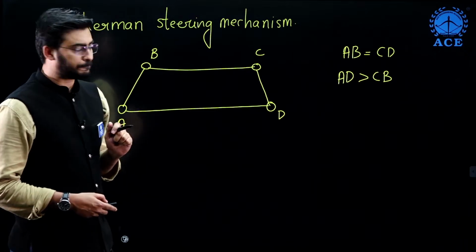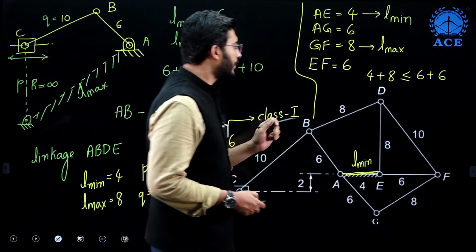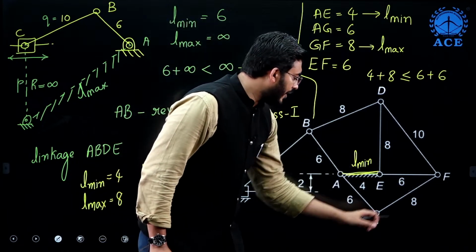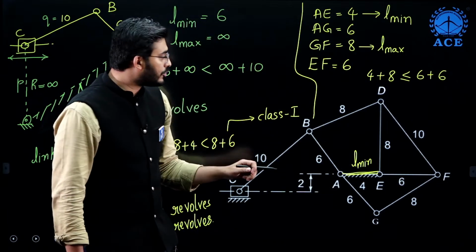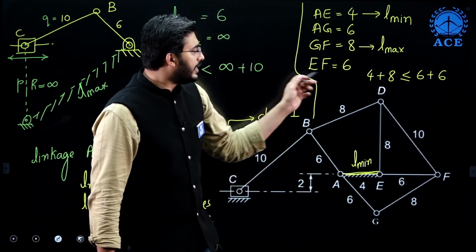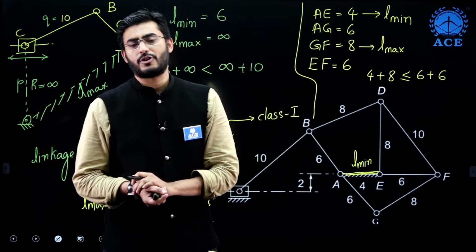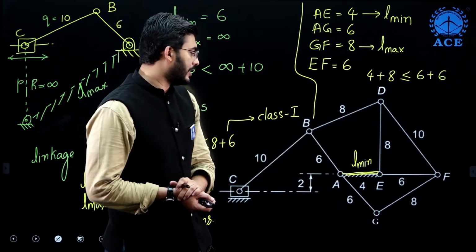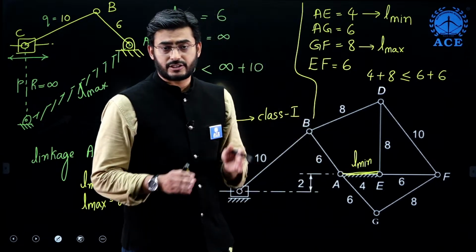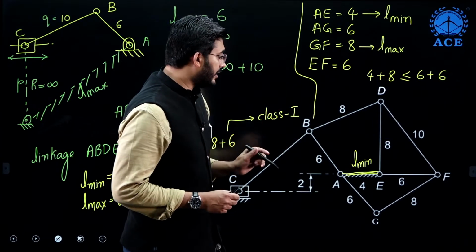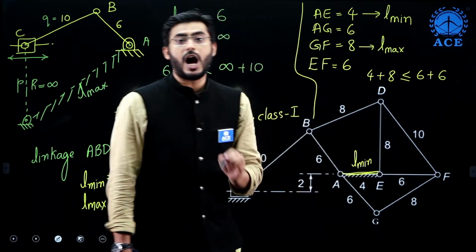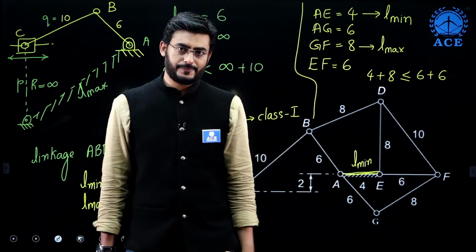Now here we can notice that A, E, F and G is also a Grashof linkage. Or I should say here we are getting equal to, so it is a case of special Grashof's linkage. And we know very well, AE is fixed, which is L minimum. That means the links AG and EF are going to revolve.